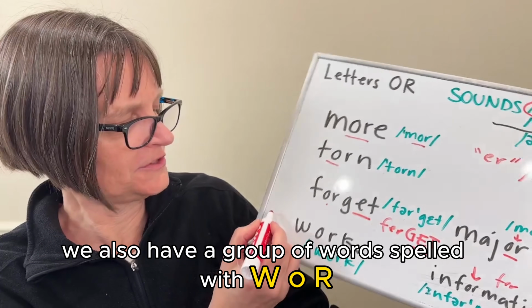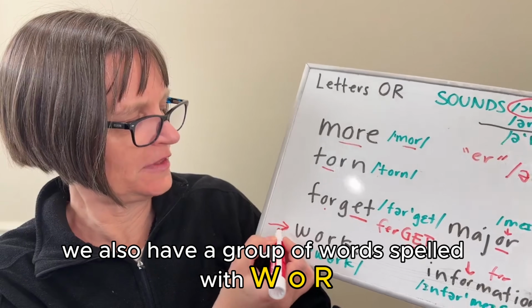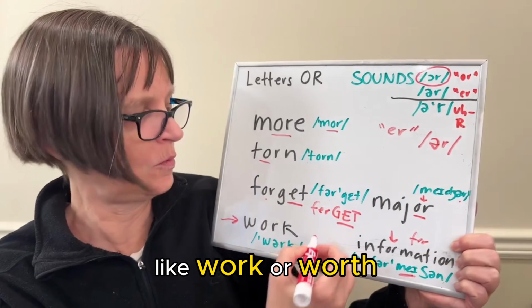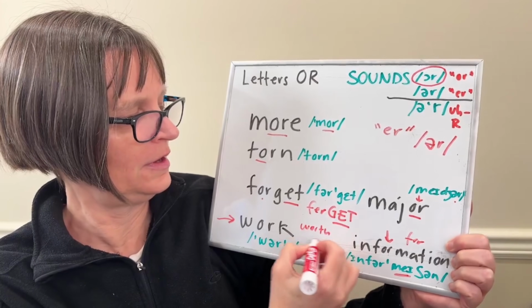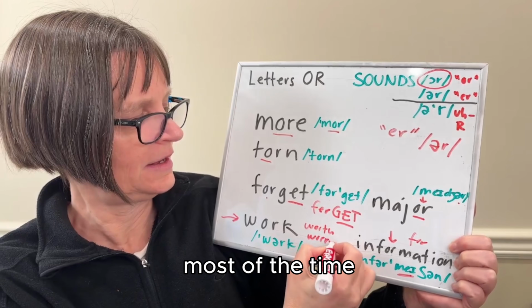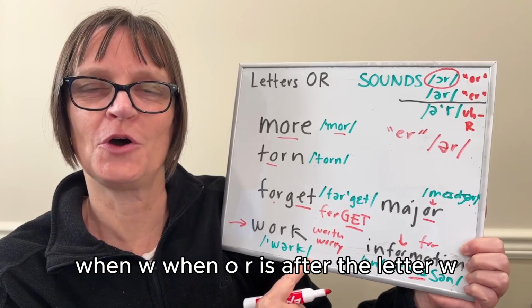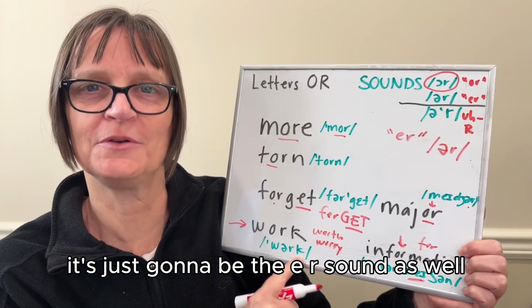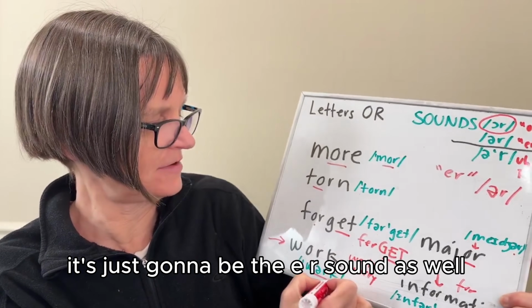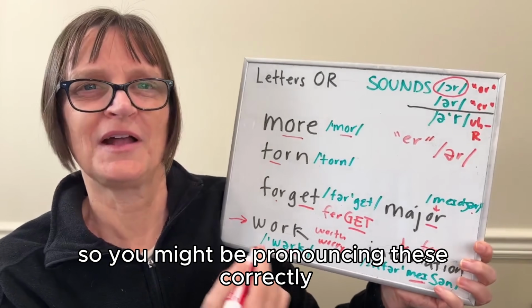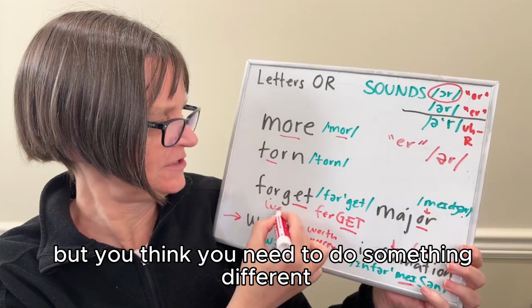And then we also have a group of words spelled with WOR, like work or worth, worry. Most of the time when OR is after the letter W, it's just going to be the ER sound as well. So you might be pronouncing these correctly, but you think you need to do something different.